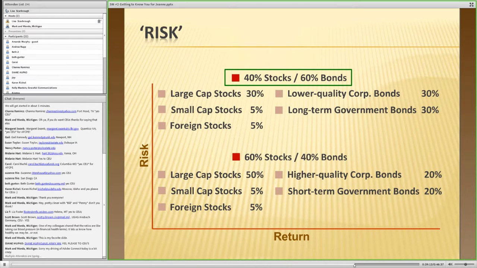I have lower quality corporate bonds, and they are subjected to credit risk, and I have long-term government bonds, whereas if we have a move up in inflation in here and rates move up with it, those long-term bonds carry tremendous interest rate risk to them. So actually, the 40% stocks and 60% bonds, really the risk brought in here by the bonds is how we want to look at this.